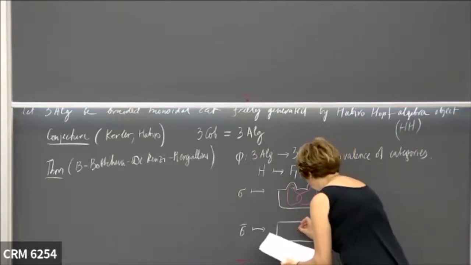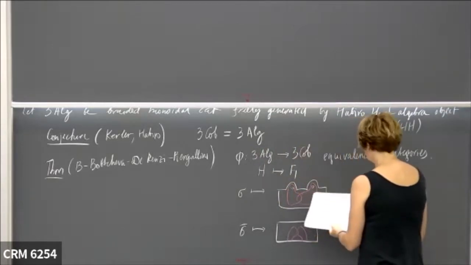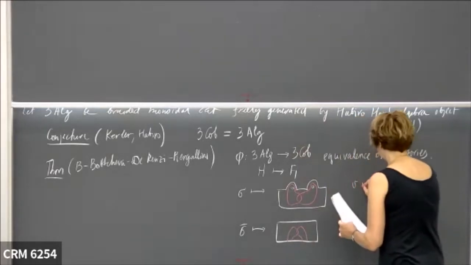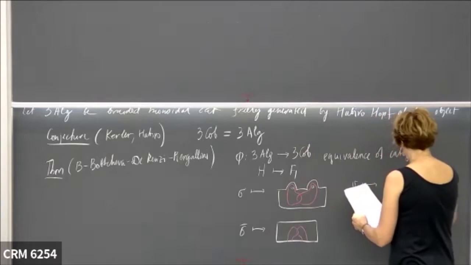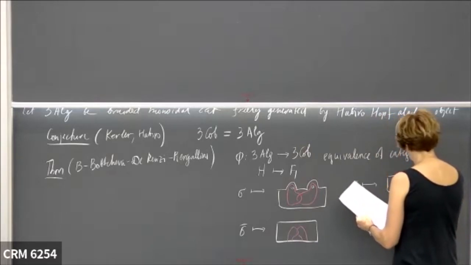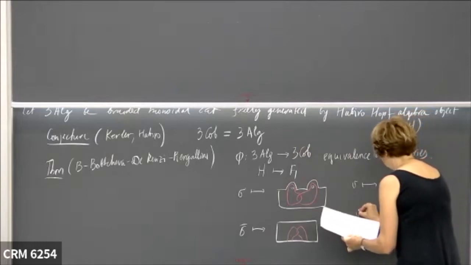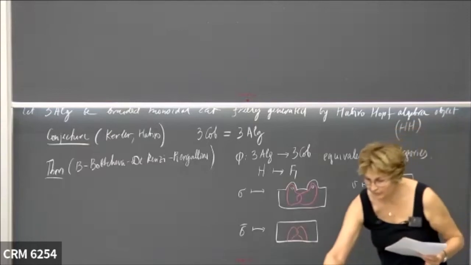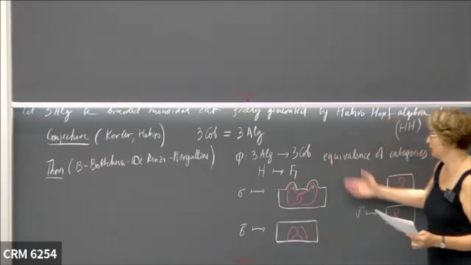The twist, the ribbon element, goes to this guy, and its inverse goes to the other. Okay, and so the question is, how would you like to prove such a theorem?